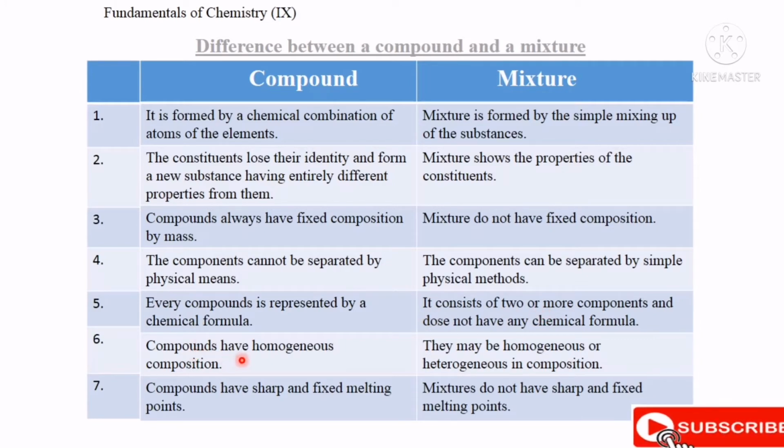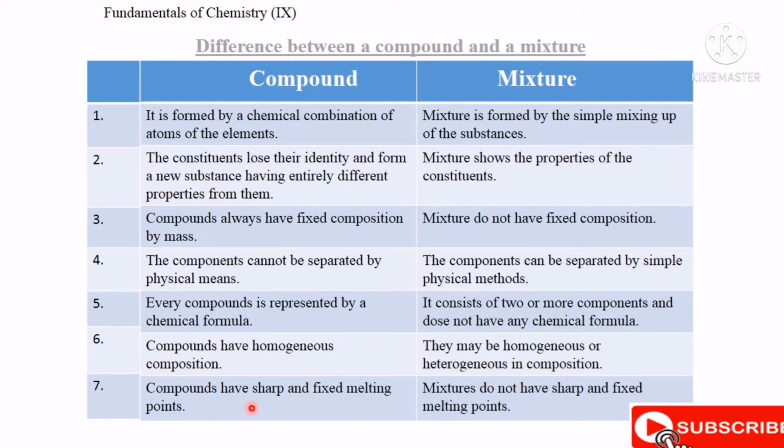Compounds have homogeneous composition throughout, whereas mixtures may be homogeneous or heterogeneous in composition. If the constituents of a mixture are uniform throughout the mixture, it is homogeneous, and if the constituents are not uniform throughout the mixture, then it is heterogeneous in composition.